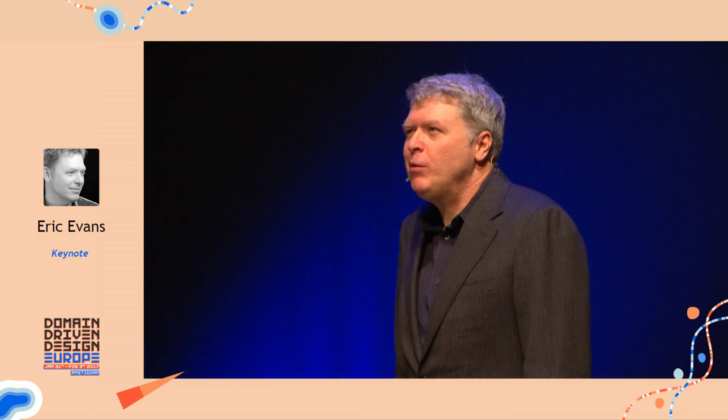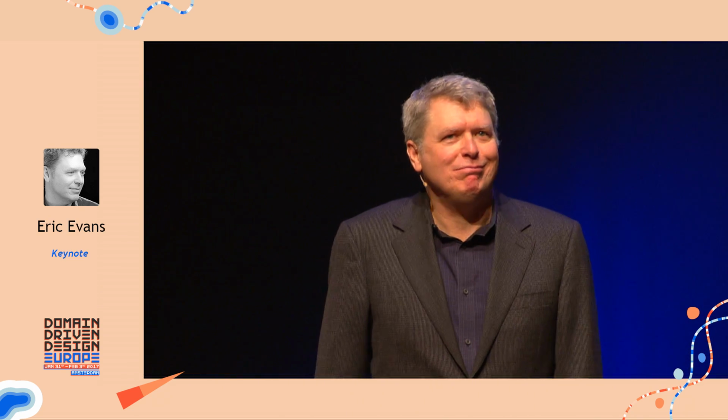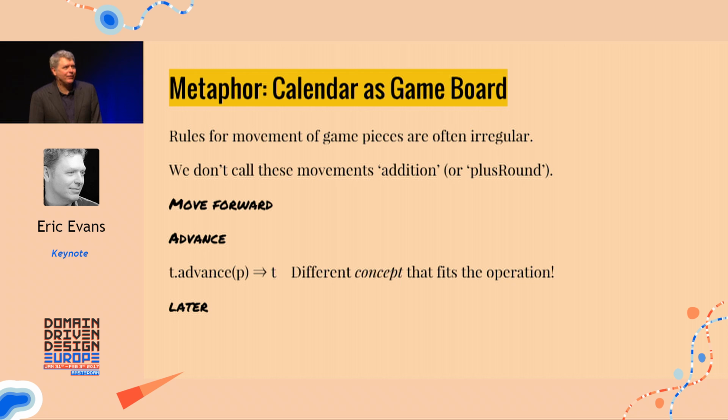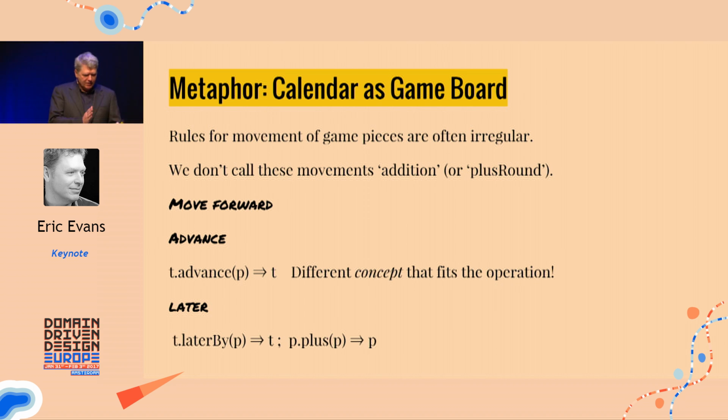If I say, well, maybe there are other words I could use, things more time related, like later. So I could try out, time later by 1 month. Gives me a time. Again, later by a month doesn't suggest the same things, to me at least, that plus does.